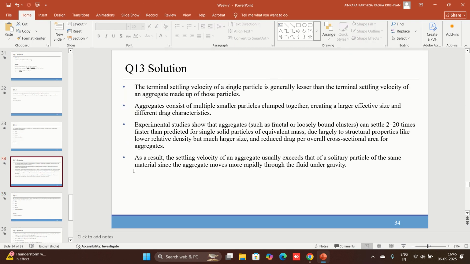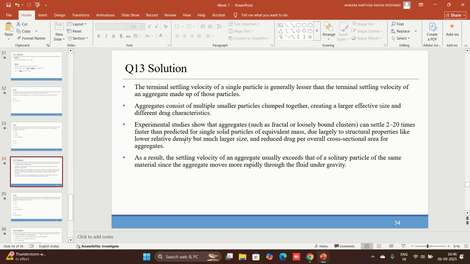When we are talking about the explanation, the terminal settling velocity of a single particle is generally lesser than the terminal settling velocity of an aggregate made up of those particles. Aggregates consist of multiple smaller particles clumped together, creating a larger effective size and different drag characteristics. Experimental studies show that aggregates such as fractal or loosely bound clusters can settle 2 to 20 times faster than predicted for single solid particles of equivalent mass, largely due to structural properties like lower relative density but much larger size.